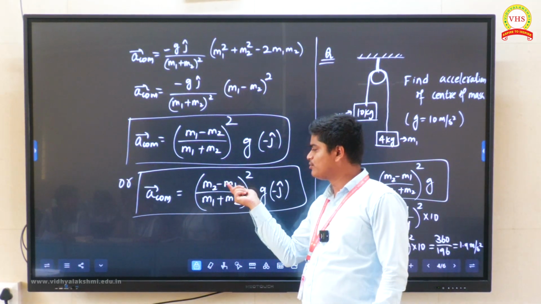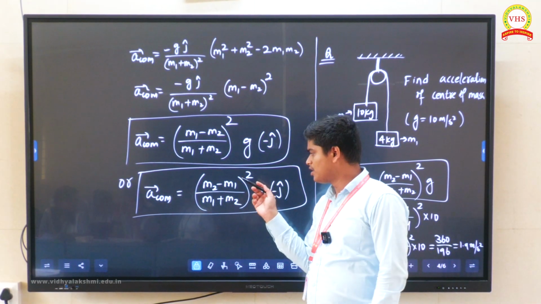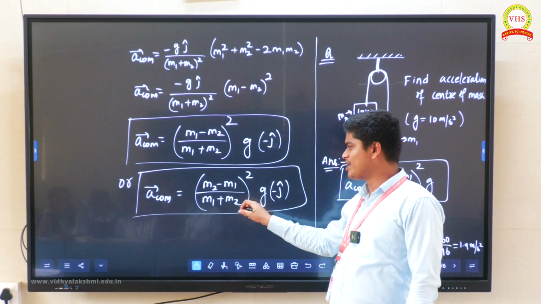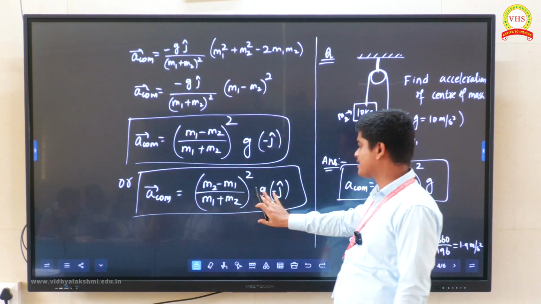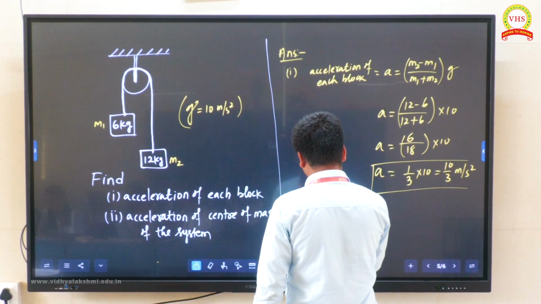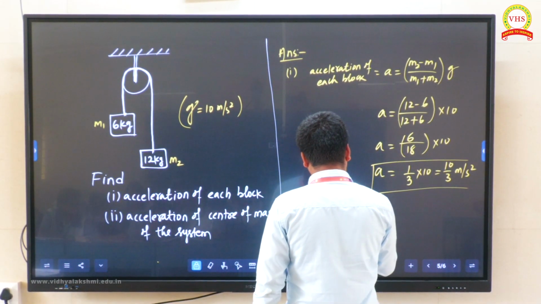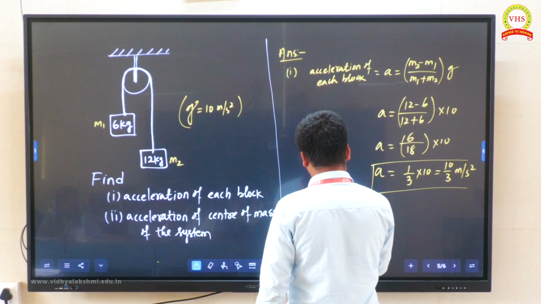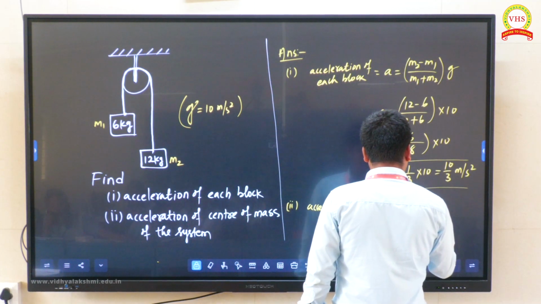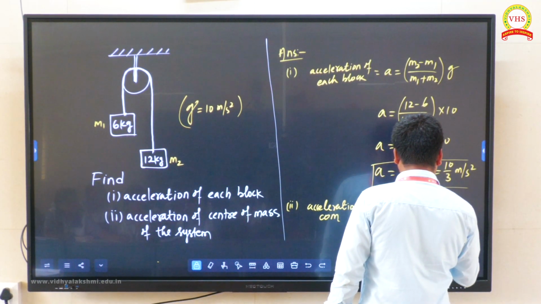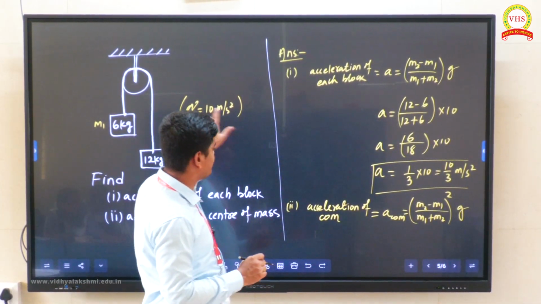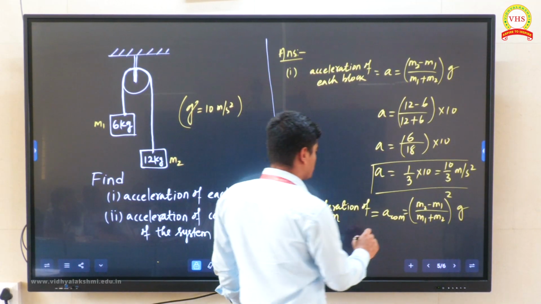So the acceleration of center of mass is (m2 minus m1) by (m1 plus m2) whole square into g. That also you can. Now g value is given as 10, the m1 and m2 values you already know, so substitute everything.